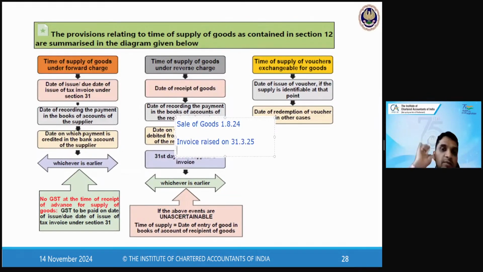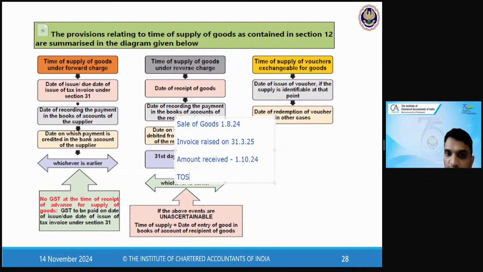When the audit happens, that time they raise the invoice. They have forgotten. And amount received. When is this amount received? This amount is received on 1st of April. This is for goods, okay? Sale of goods, of course. So sale of goods is on 1st August, invoice is raised on 31st March, and amount is received on 1st of April. What is the time of supply in this case?